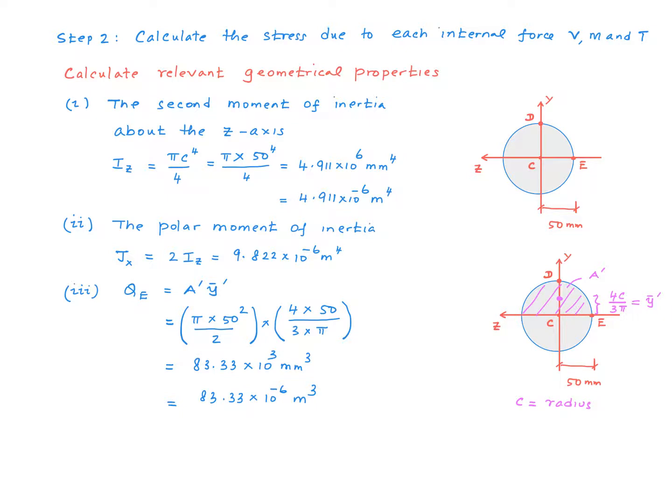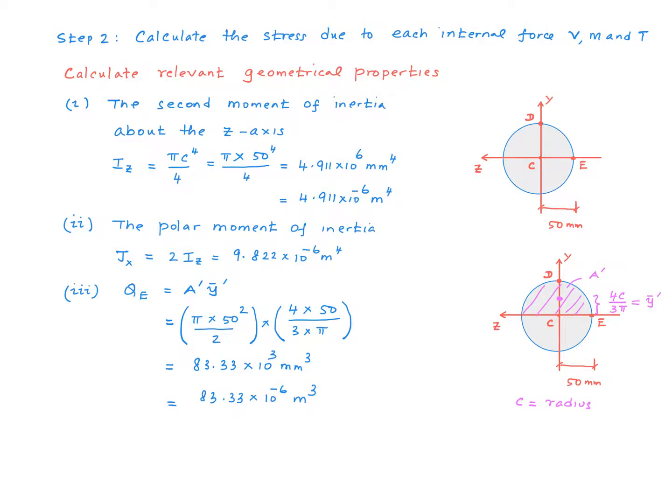QE then is A prime times Y bar prime. A prime is the area of the shaded part. Y bar prime is the distance to the centroid of that shaded part from the z-axis, right? So the formula for that is 4c over 3 pi, where c is the radius of the circle. Now you can easily follow this.